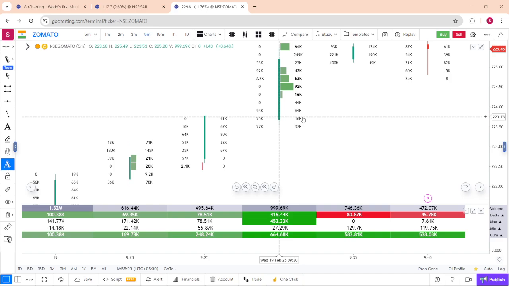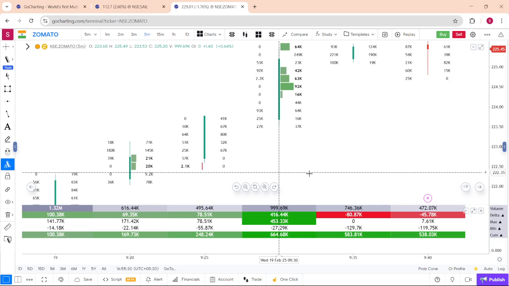Now I am explaining only two strategies, the imbalance plus this delta strategy. And this is important. All the indicators in the footprint chart are based on this delta: max delta, minimum delta, quartile. So many pieces of information are there.